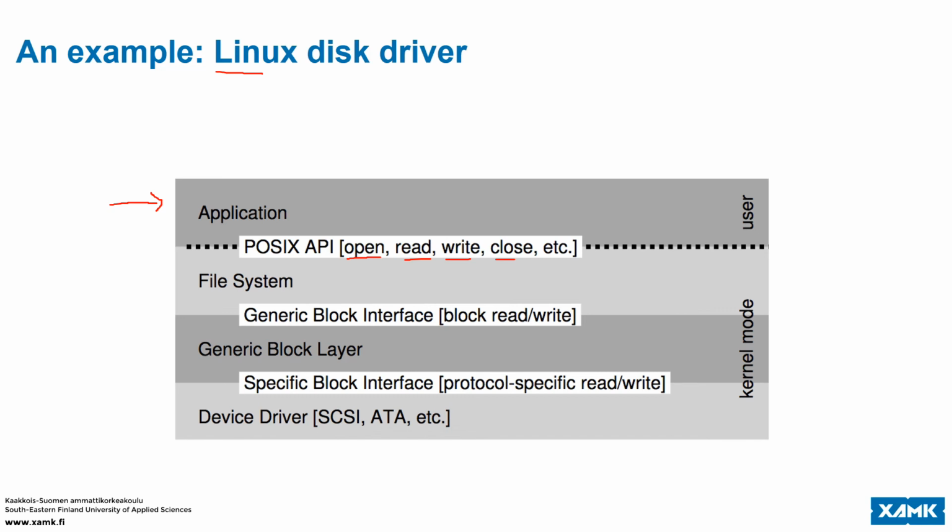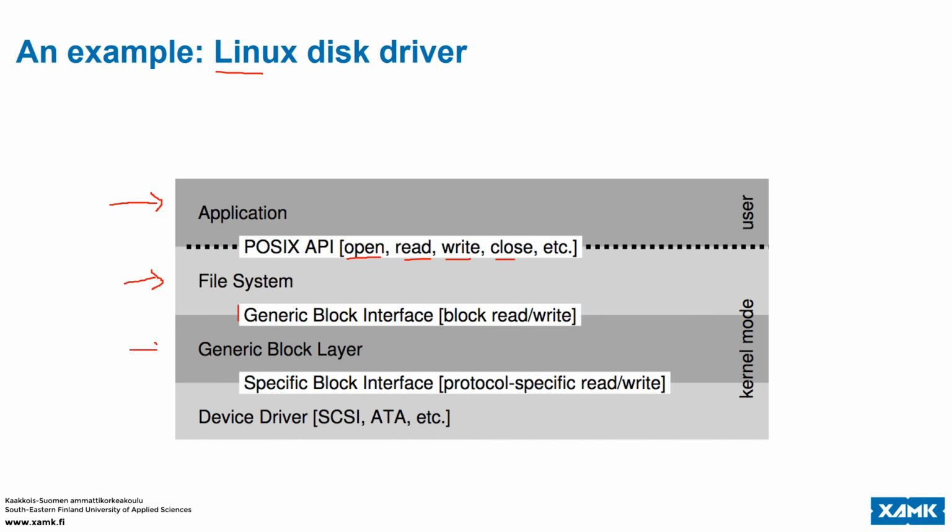Behind this Posix API, there is another abstraction, which is the file system. And behind the file system, there is an API or an interface called the generic block interface. So a generic programming interface where programs are able to read and write blocks.